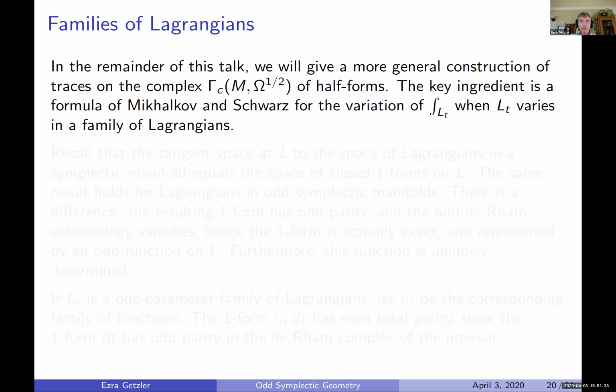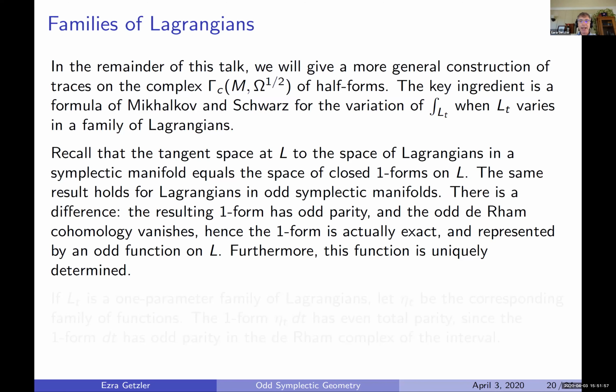Okay, so I'm going to introduce an idea which we call flexible Lagrangians, which are sort of local choices of Lagrangian patched together in a particular way. For those of you who are more algebraic geometers, you could think of this as descent theory for Lagrangians. So I'm going to rely on a perturbation formula of Mikhalkov and Schwarz, which gives the variation of integration over a Lagrangian when the Lagrangian lies in a family of Lagrangians.